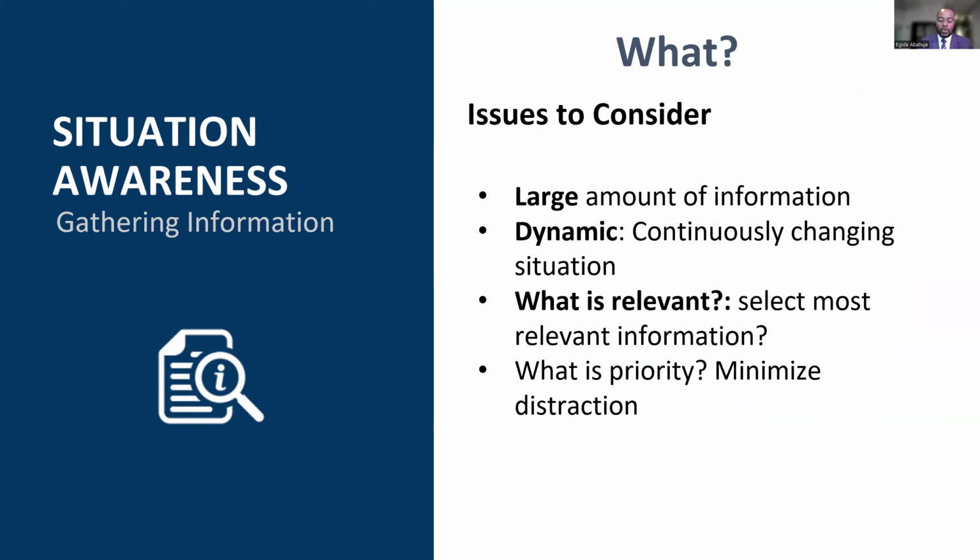Some of the issues to consider in relation to situation awareness are that in the operating room, there are a lot of things going on. There's a lot of information to collect, and things continuously change. So we have to focus on the information that is relevant and prioritize based on the status of the patient and the amount and type of information.